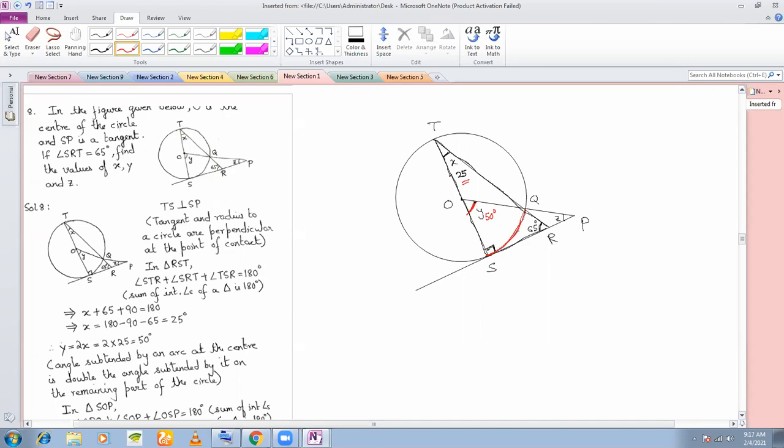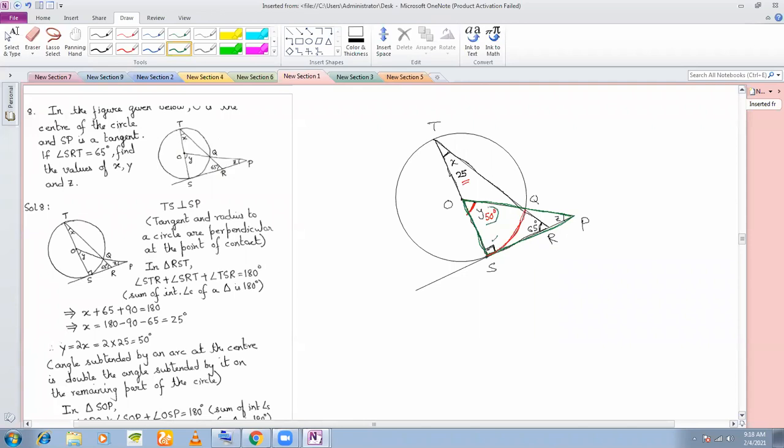Now what is left is z. In order to find out z, we shall consider this triangle here, OSP. In this triangle, one angle is 90 degree, we know.